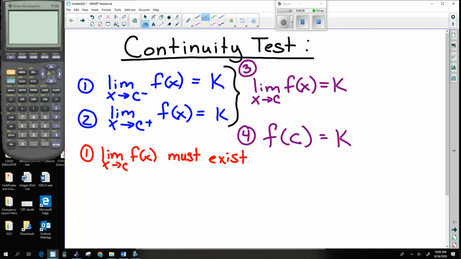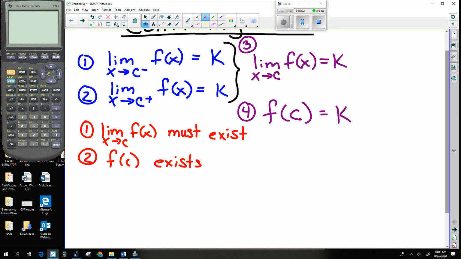And how do I tell if it exists? Well, you take the limit to the left and the right. Two, the point itself exists. The actual concrete point exists. Now, the third and the big final stipulation of the continuity test is that the limit is equal to the point.